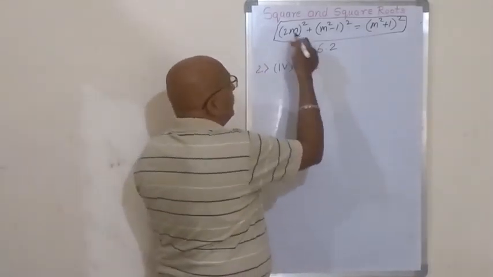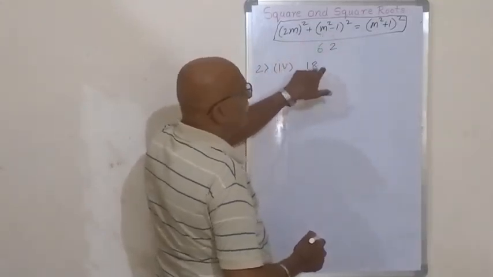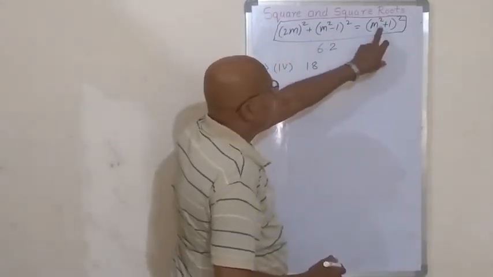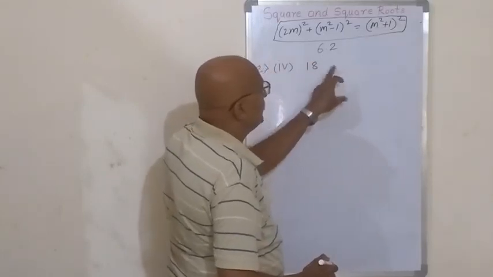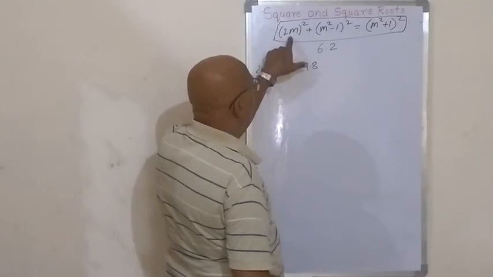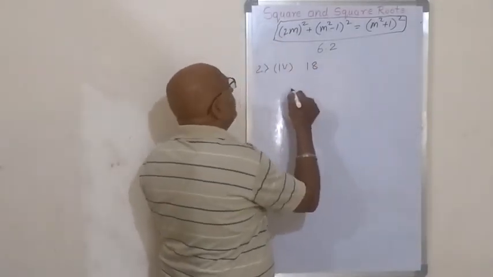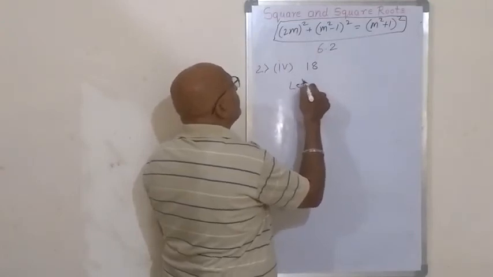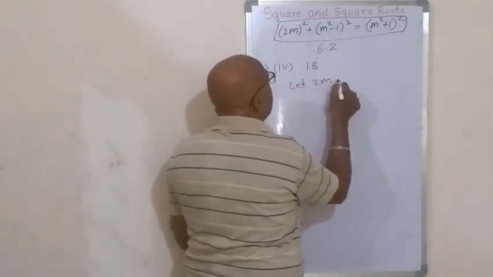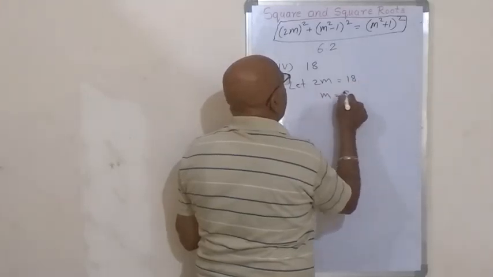Now 18, you can see here 18 plus 1 is 19, which is not a perfect square. 18 minus 1 is 17, again it is not a perfect square. So what we have to do is, we have to consider again the same. So here let 2m equal 18. So m equals 9.